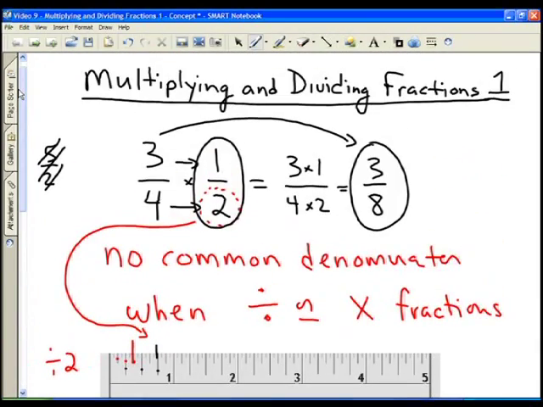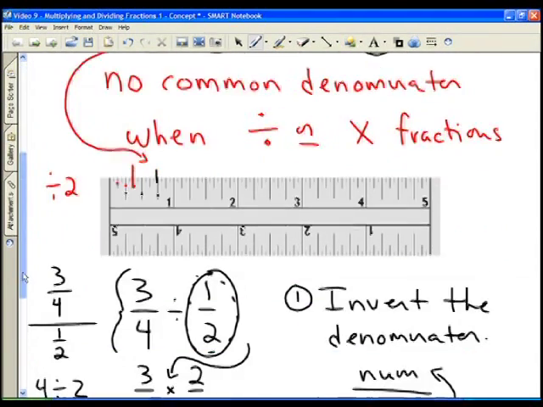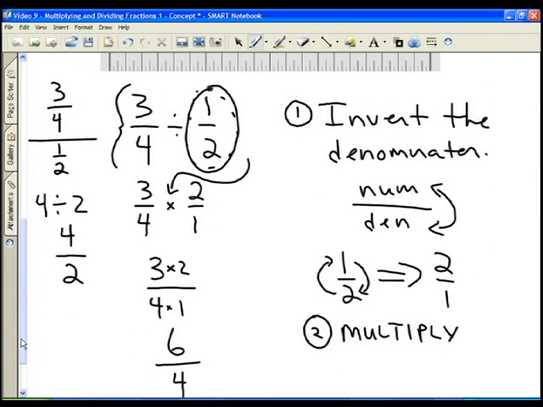So when you multiply fractions, you multiply straight across the numerator and straight across the denominator. And when you divide, you change the sign between the two fractions to multiplication, and then you invert or flip the denominator. And remember, the denominator always comes after the division sign.